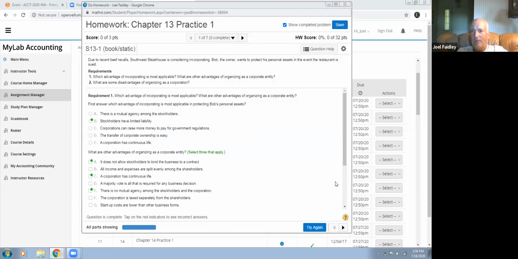Now, chapter 12 was about long-term liabilities. It's how you fund your corporation, either through long-term notes payable, through a mortgage payable, or through bonds payable. We hit a lot on bonds payable, but you're selling something or getting a loan in order to fund your corporation through debt, through liability. Now we're going to look at funding your corporation through selling stock, whether it's common stock or preferred stock.